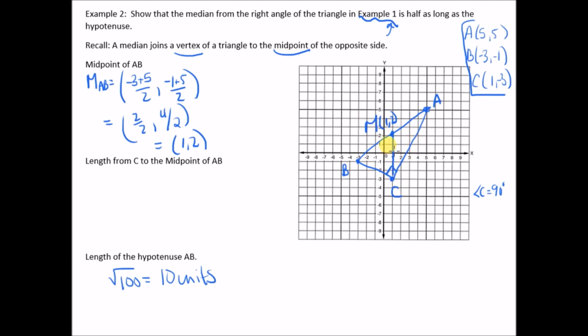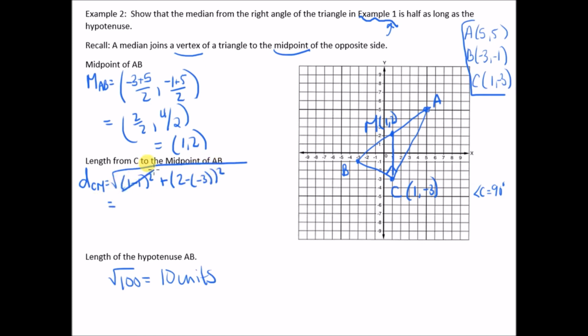Okay, now we're going to actually just calculate the length of CM. So C again is 1, comma negative 3. So we use the distance formula. Okay, so we're going to do difference in the x's. So 1 minus 1 squared plus difference in the y's. So let's do 2 minus negative 3 squared.